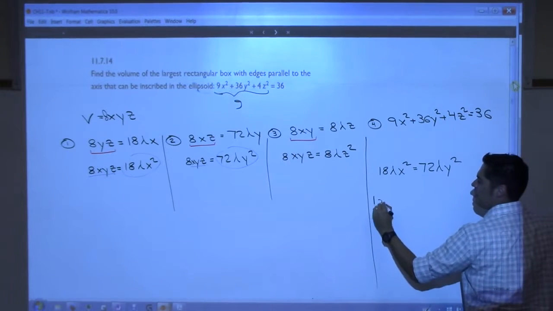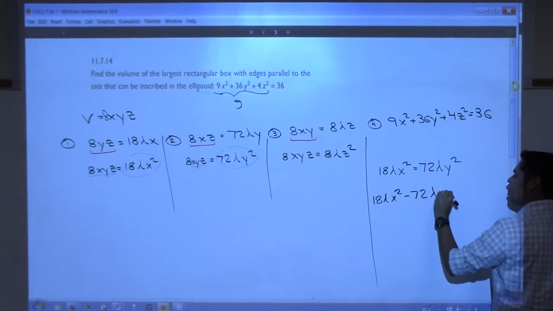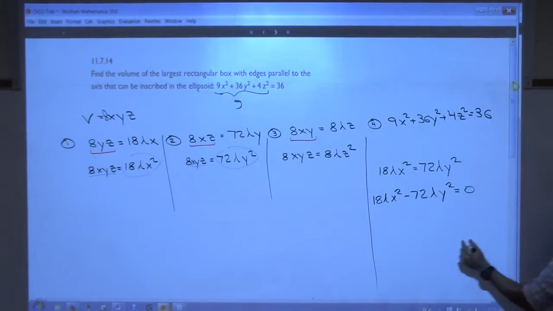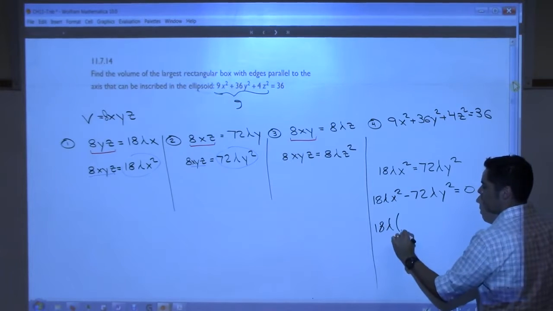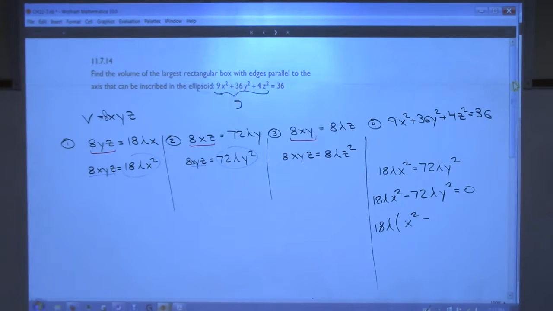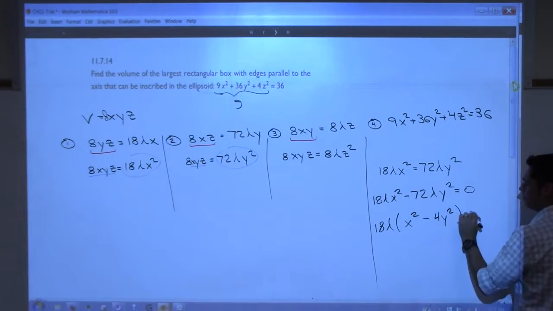So this is 18 lambda x squared minus 72 lambda y squared. Factor out a GCF. It's the biggest number I can get out of there. 18 lambda. What am I left with? x squared minus 4y squared equals 0.